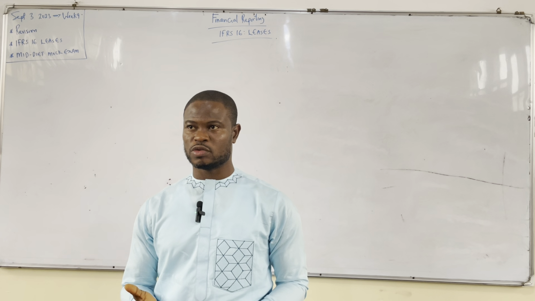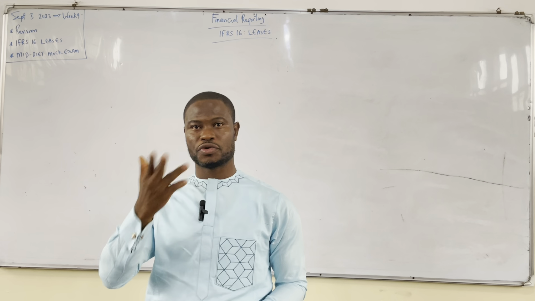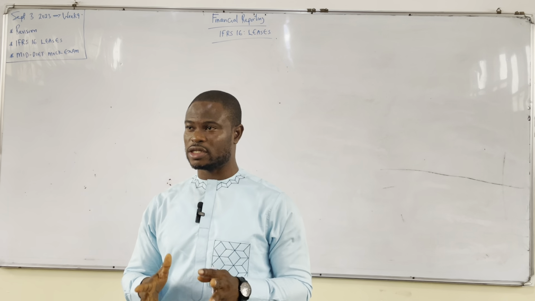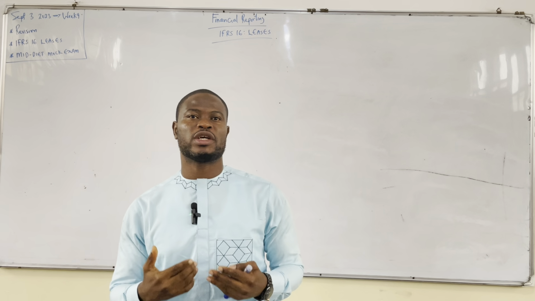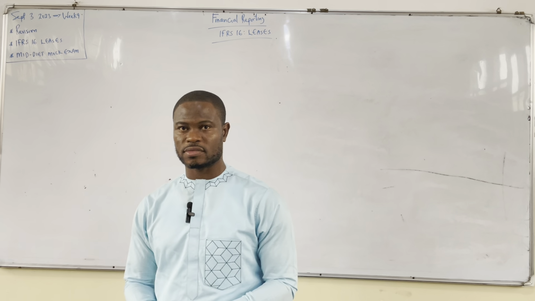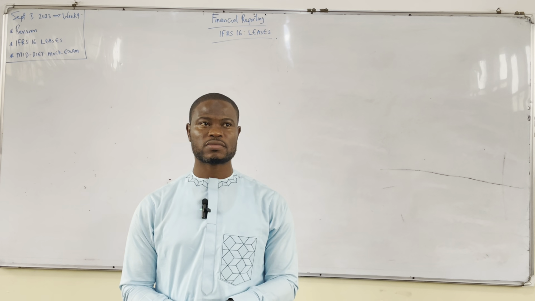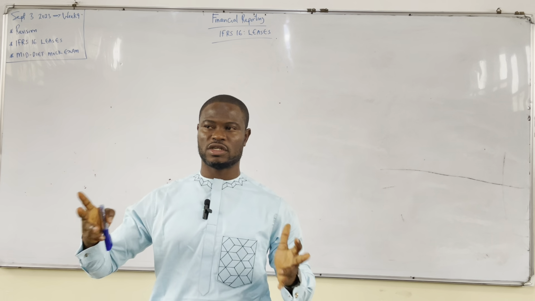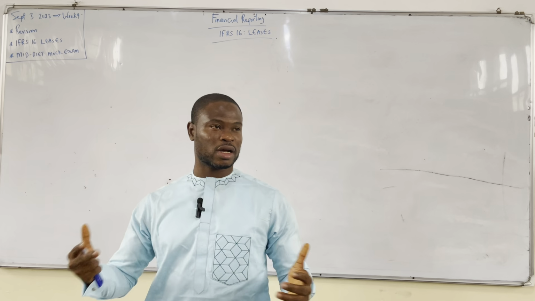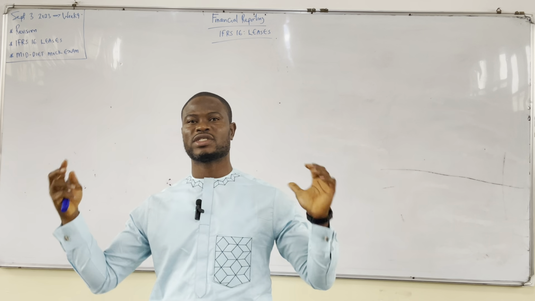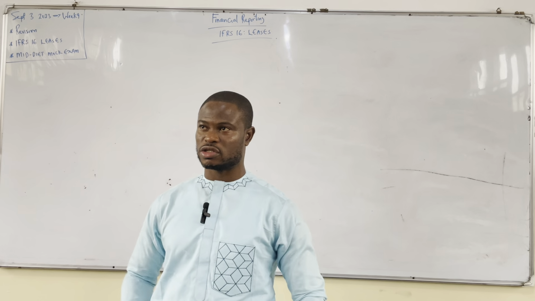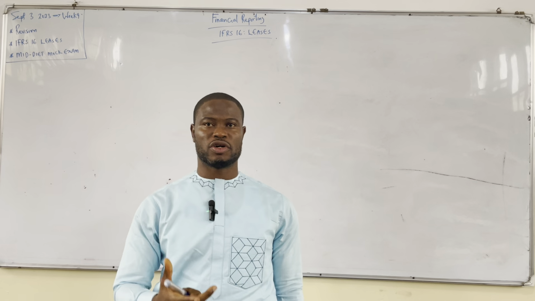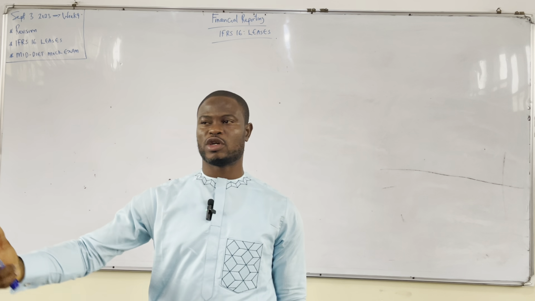What we achieved in IAS 1 was to set the ball rolling by looking at the structure and the content of a financial statement. After which we went on to IAS 16, which is property, plant, and equipment. We spent a lot of time there teaching you how to calculate depreciation and how to determine carrying amount, and I gave you several assignments and we solved several questions in an attempt to get used to it, because it's going to form the bedrock of most other things we are going to be doing in this class.